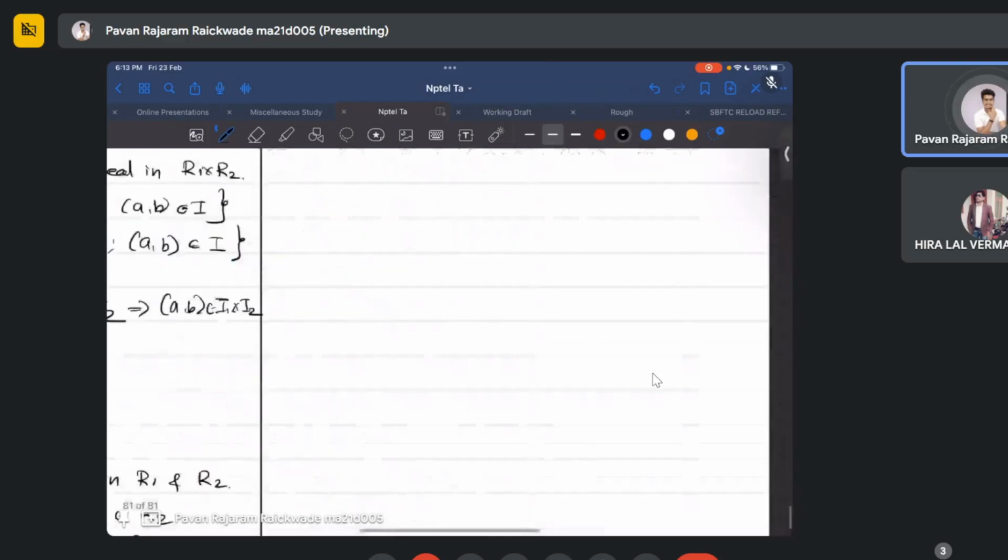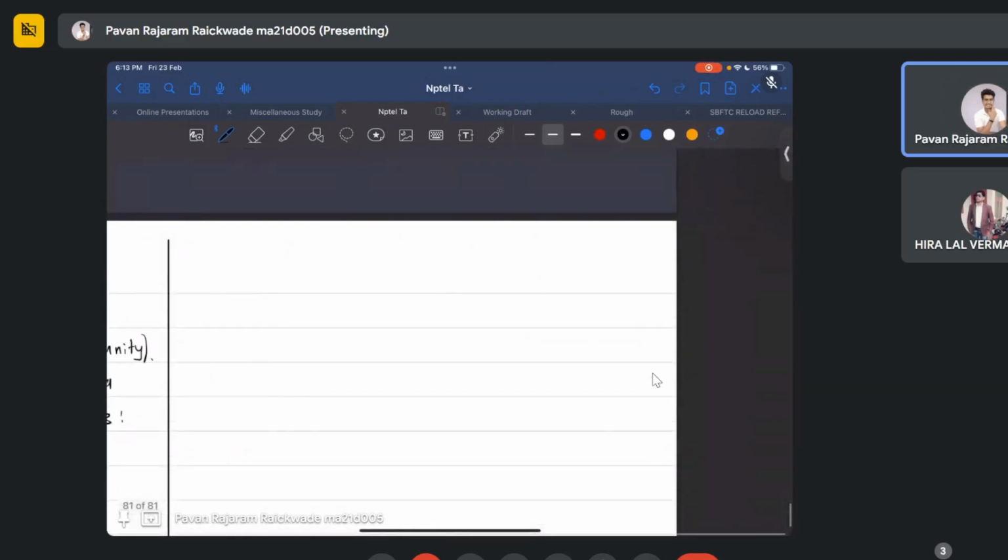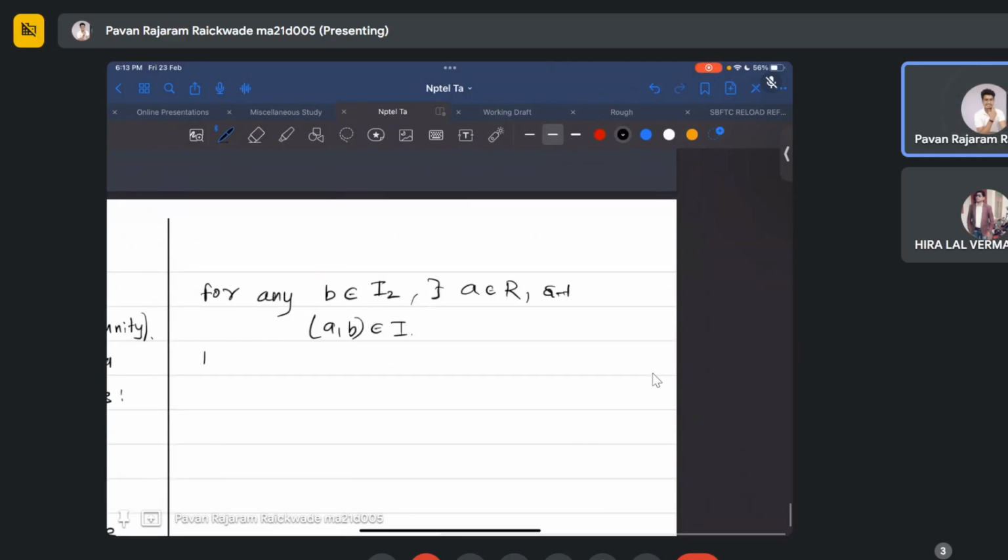Similarly, take any b belonging to I2, and there exists a belonging to R1 such that (a, b) belongs to I. Then for any r in R2, what do you get?